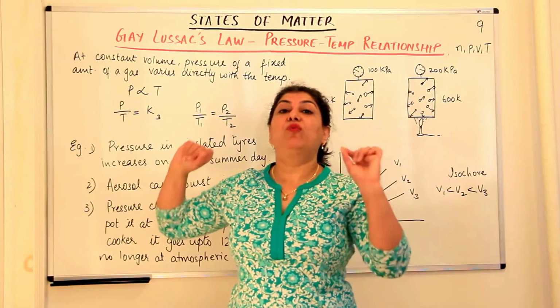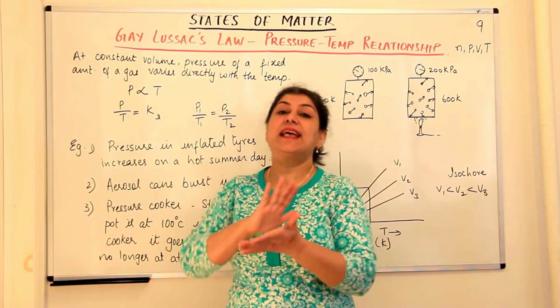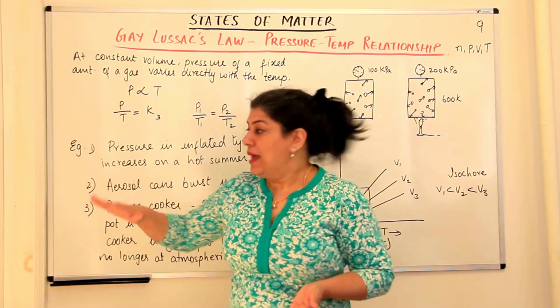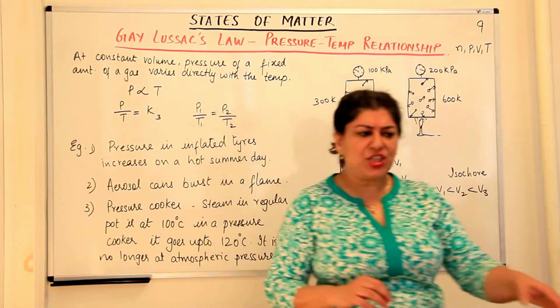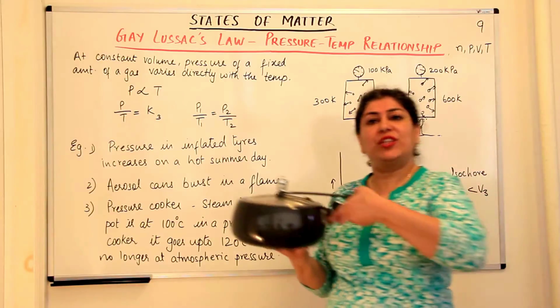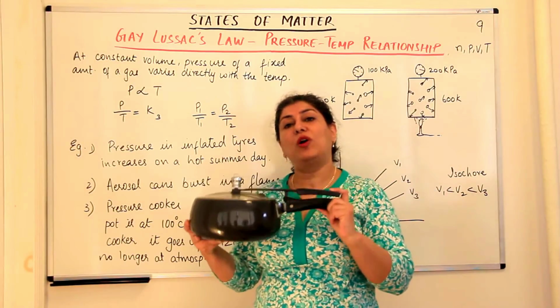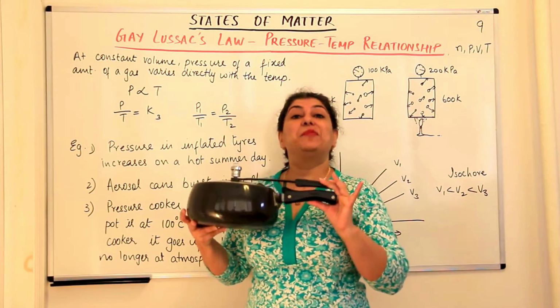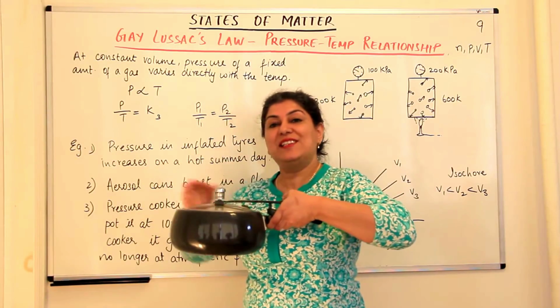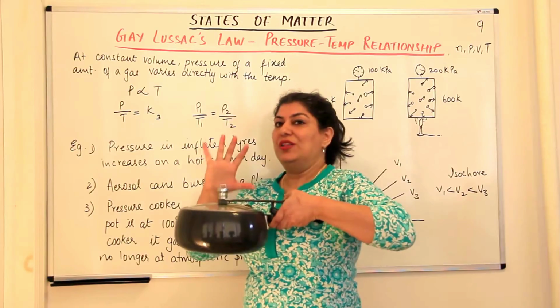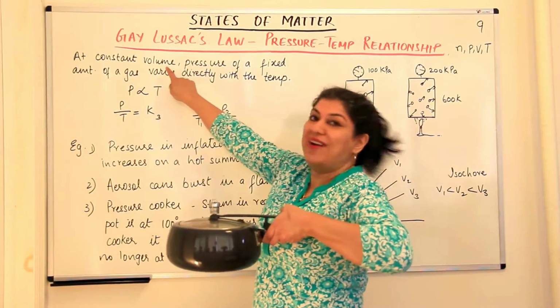The boiling point of water is 100 degrees Celsius at atmospheric pressure. But why does food cook faster in a pressure cooker? What is the change that we are bringing about by putting the water inside the pressure cooker? You have sealed the container. Now the volume is confined.